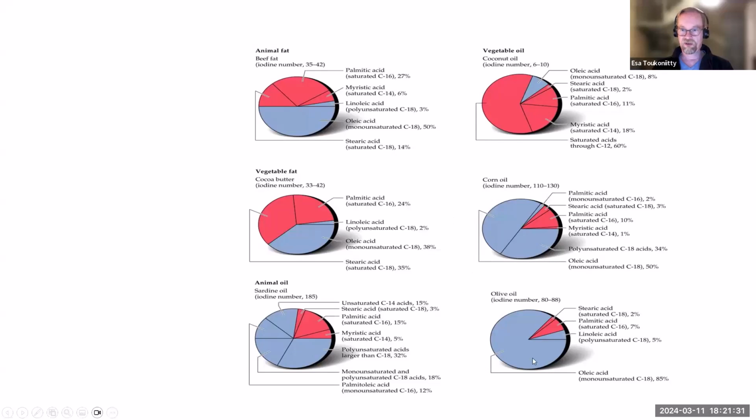Olive oil here has quite a lot of oleic acid, monounsaturated, but for example, coconut oil has only a very small part of oleic acid based structure.